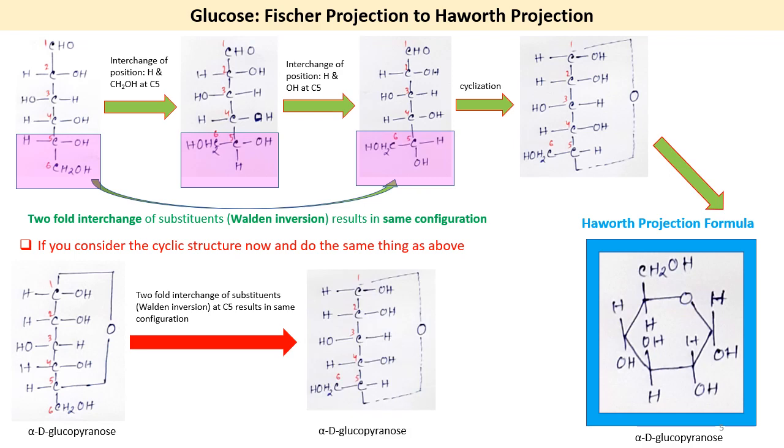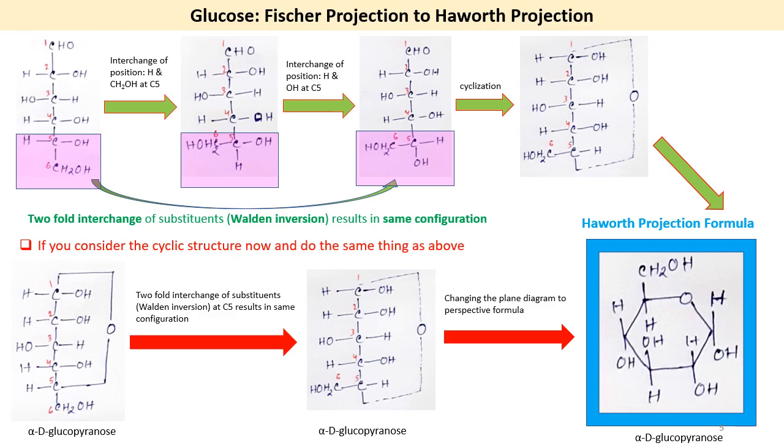So this will also lead to the same configuration. So you will again get the alpha D glucopyranose. So this cyclic ring structure will be similar to the third structure, only in the ring form. Everything else is same. And this also will change to the Haworth projection formula.